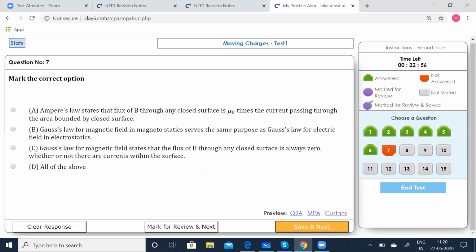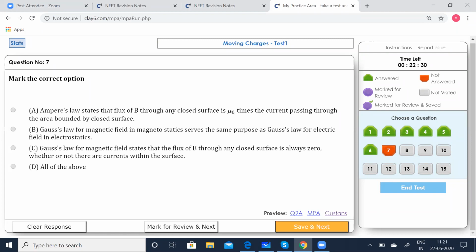The 7th question, we have to see which option is correct. Ampere's law states that the flux through any closed interval is mu 0 times the current passing through the area bounded by the closed surface. Gauss's law for magnetic field in magnetostatics serves the same purpose as Gauss's law for electric field in electrostatics.